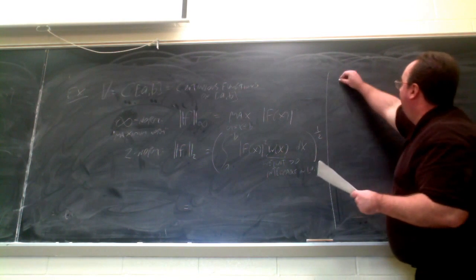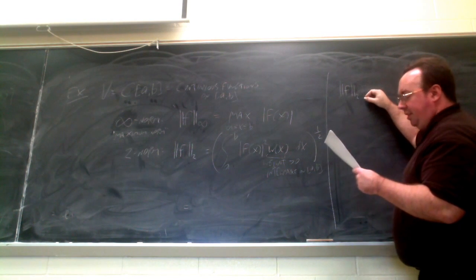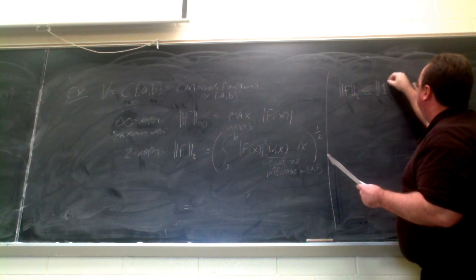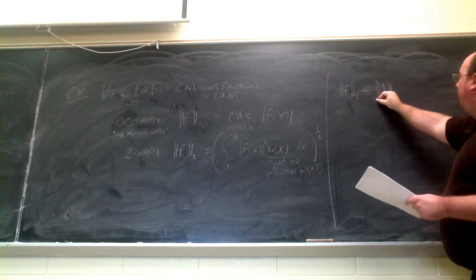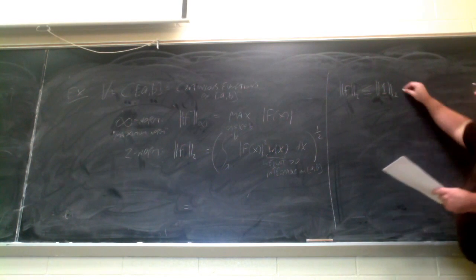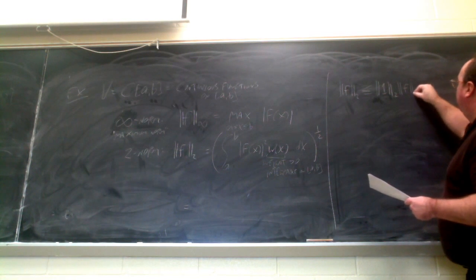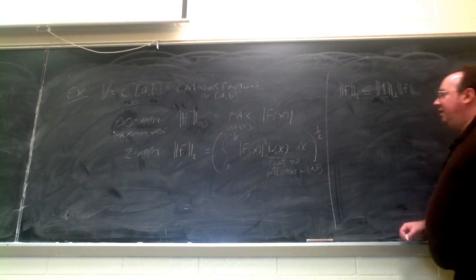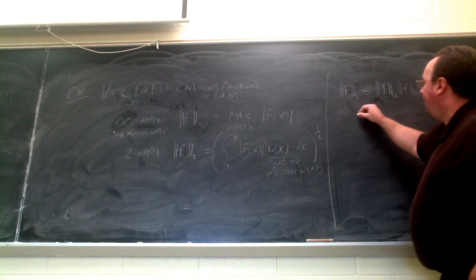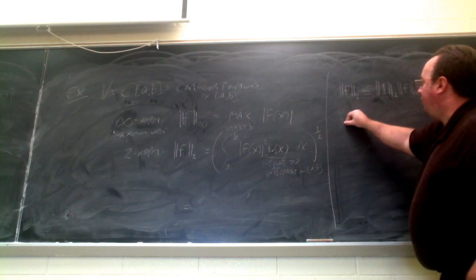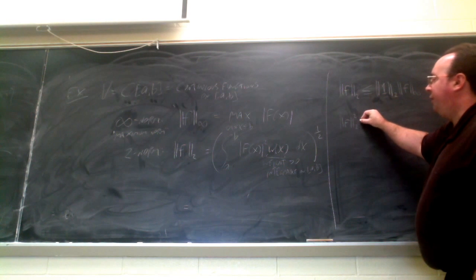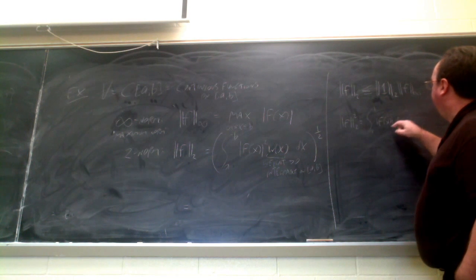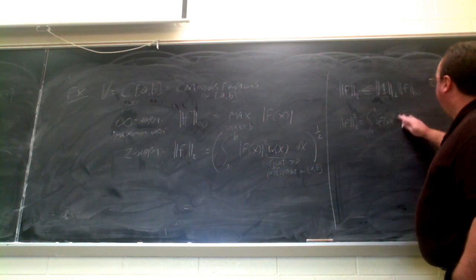First of all, we can say that the 2 norm of a function is less than or equal to the 2 norm of the function 1 times the infinity norm of f. The reason why is that the 2 norm squared is equal to the integral of f squared, well, times the weight function.